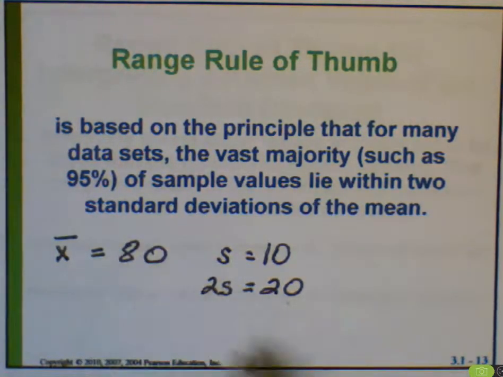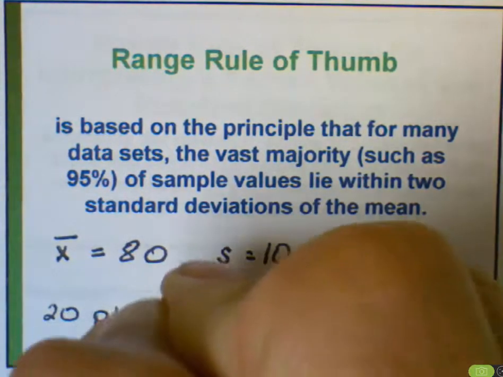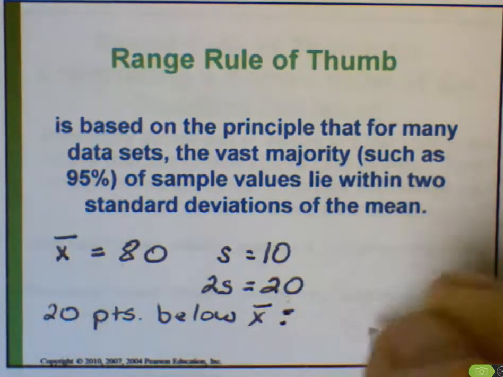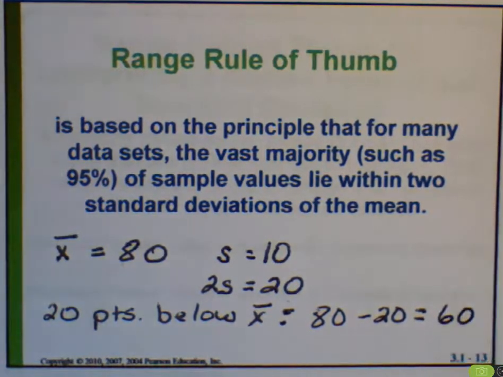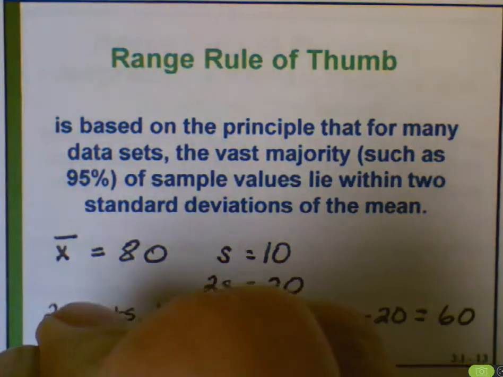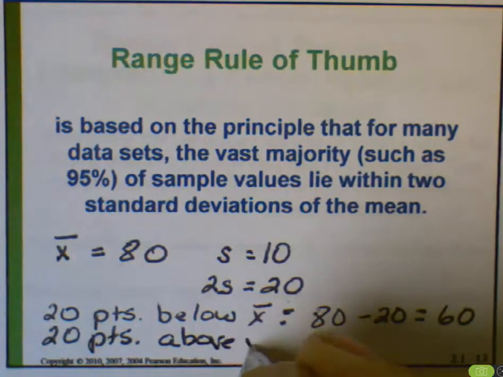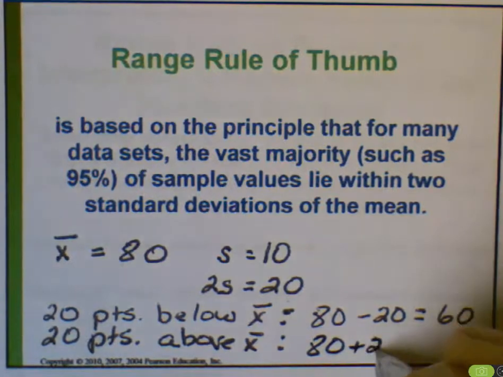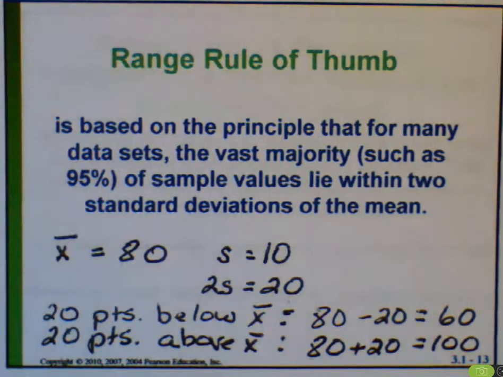of the mean. 20 points below the mean would be the mean minus 20 points, or a test score of 60. 20 points above the mean would be the mean plus 20, or a test score of 100.